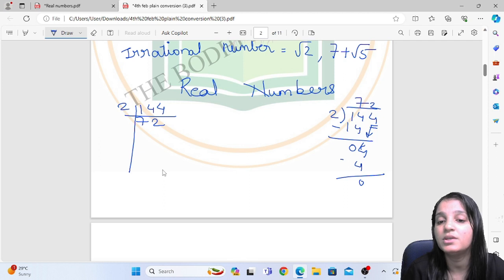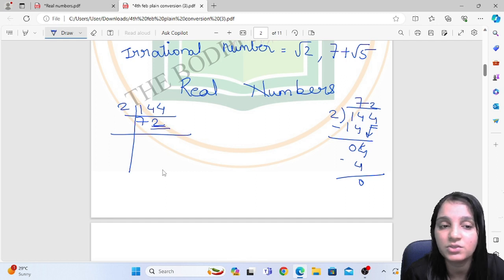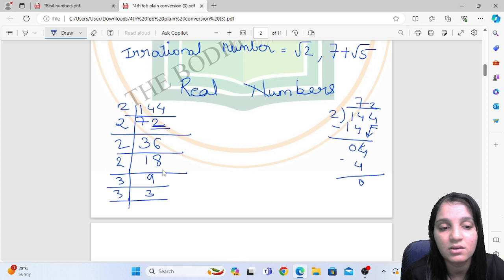Then here also the last number is 2. Either you can go for the division method or directly. 2 threes are 6, 2 sixes are 12, 2 eights are 16, 2 nines are 18, 3 threes and 3 ones.